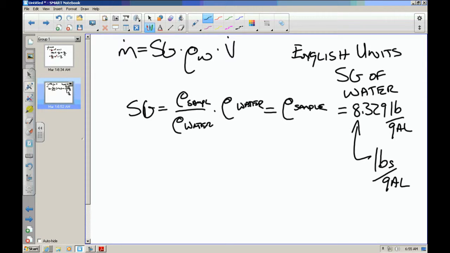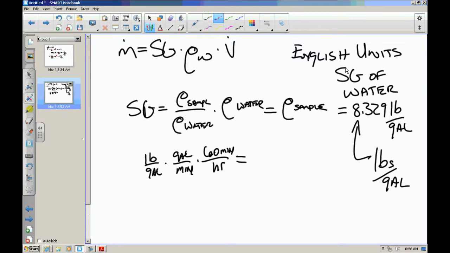So we now have pounds per gallon times volume rate of gallons per minute times 60 minutes per hour.